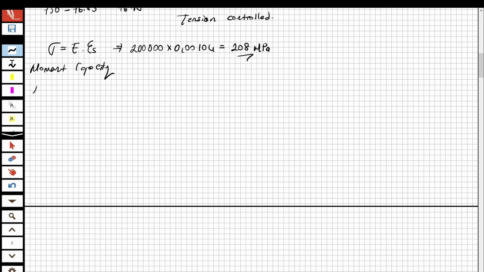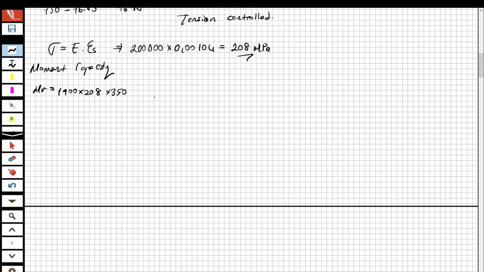For MR, it will be equal to, first, let's start with the compression steel: 1900 multiplied by 208, which is the stress inside the steel, and multiplied by 350.